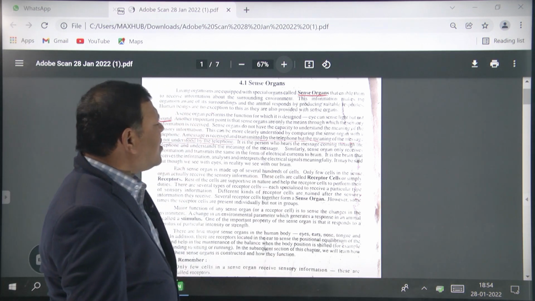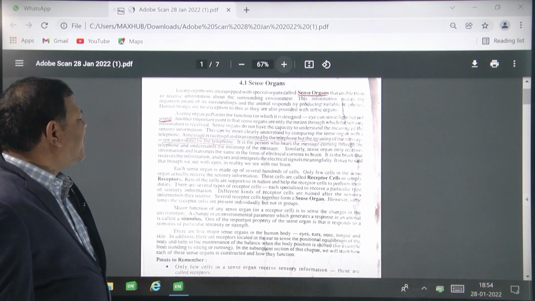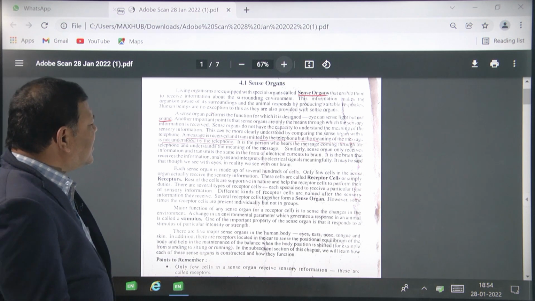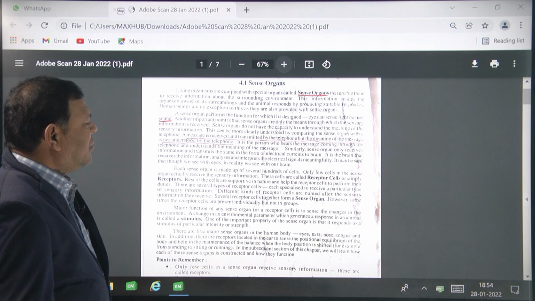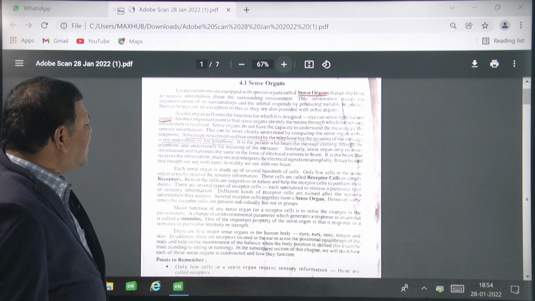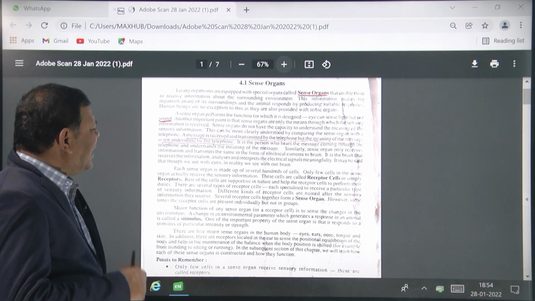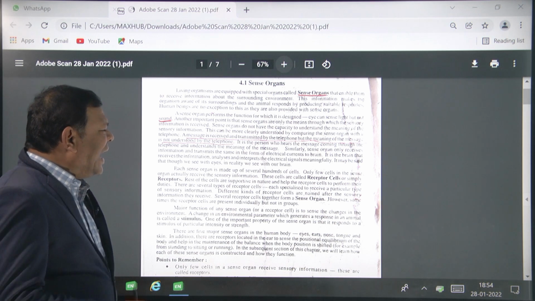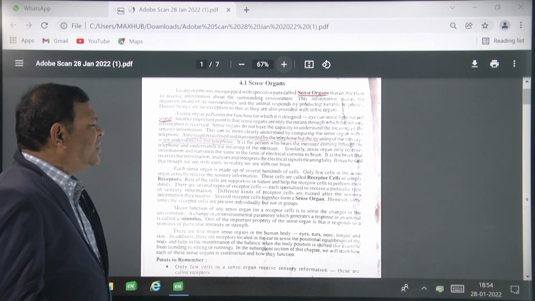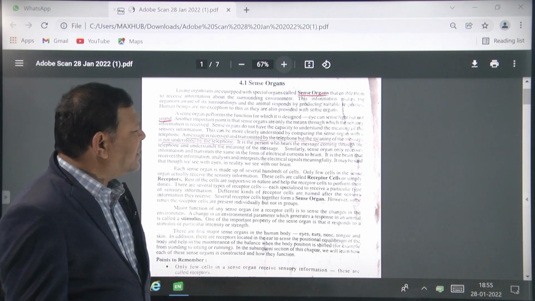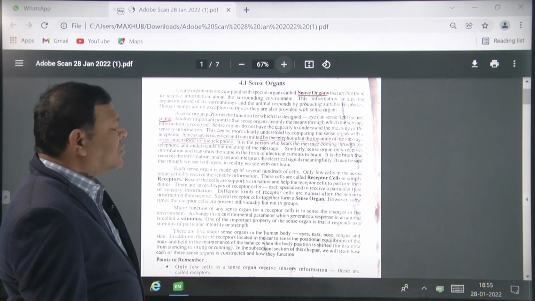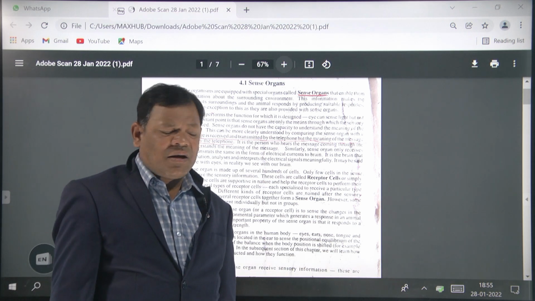Similarly, sense organs only receive the information and transmit it in the form of electrical current to the brain. It is the brain that receives, analyzes and interprets the information, and sends the signals meaningfully through the particular organ.